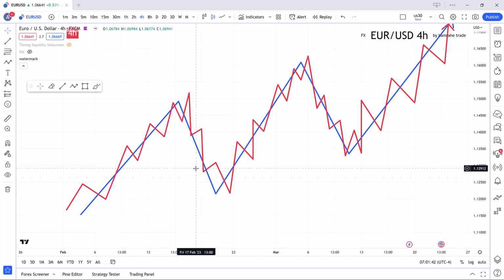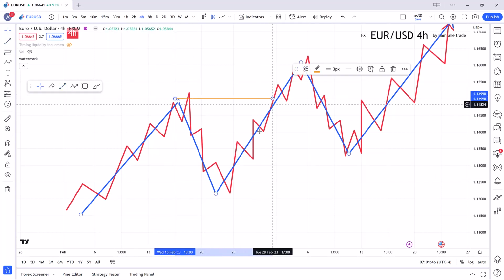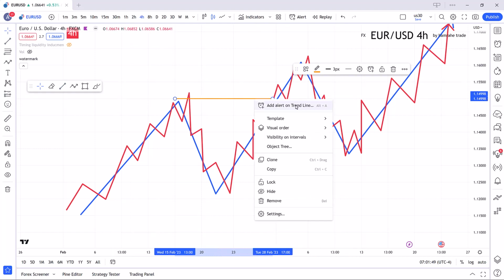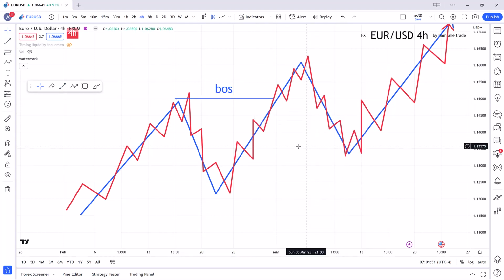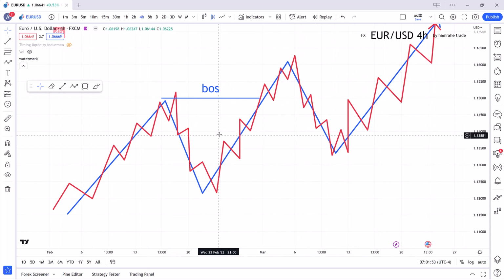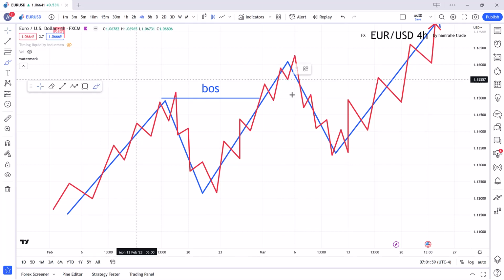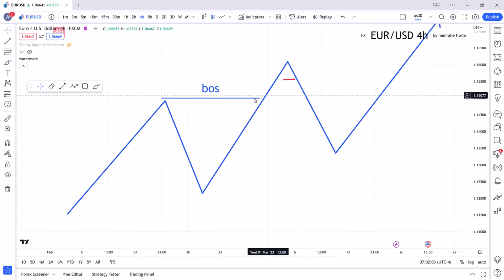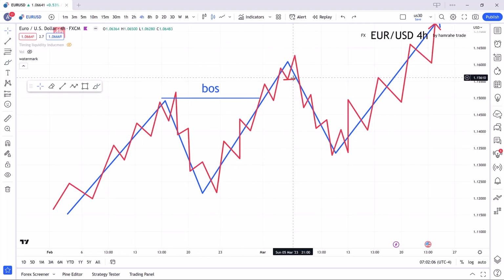And now, after a break of structure, when the market, for example, breaks this structure from this point, we can wait until the market hits something that can be a round number, support or resistance, or an order block, and after the market breaks a structure like this, I want to use some other colors here.